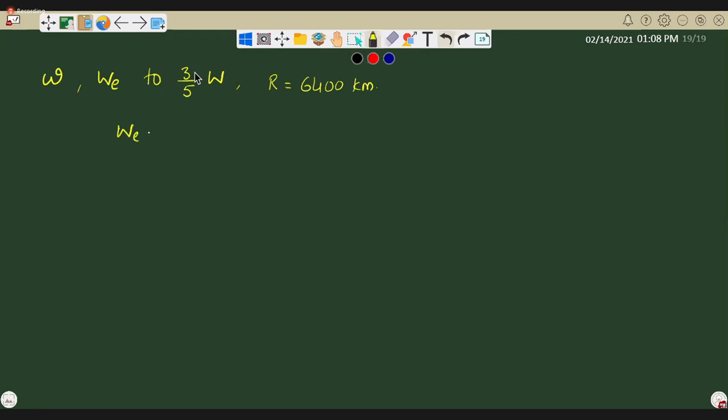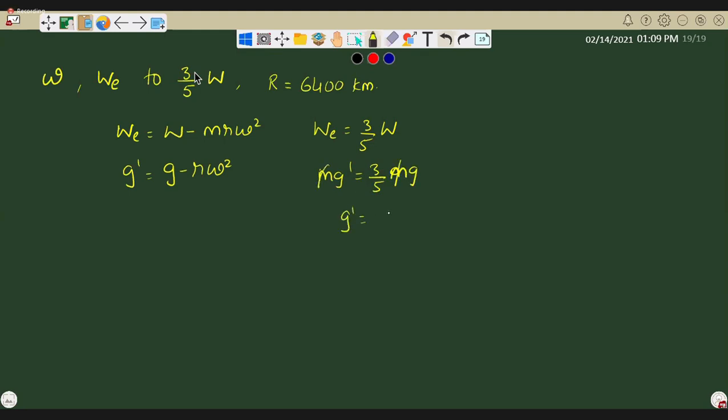See, weight at the equator is equal to weight minus m R omega square; equator means theta becomes 0, right? So g minus R omega square. The weight of the person is 3 by 5 times the weight normally, right? So m g dash is equal to 3 by 5 times your m g. So g dash is 3 by 5 times of g.